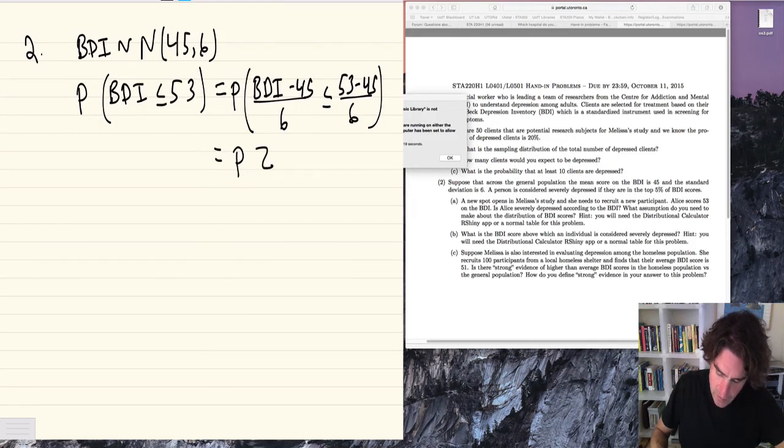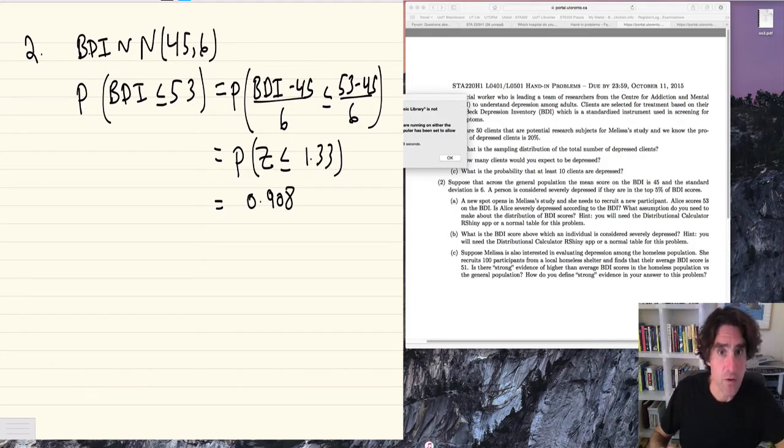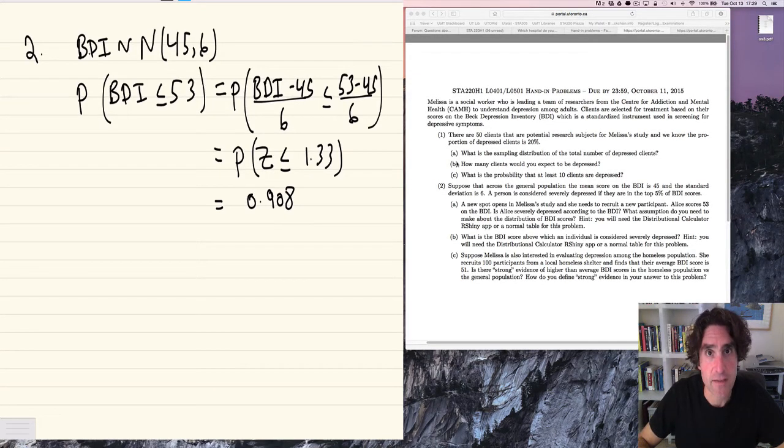And that's just equal to the probability that Z is less than or equal to 1.33. And this is equal to 0.908. Of course, if we had the distribution calculator, then we wouldn't have to standardize. But if we just had a table, then we would have to standardize.